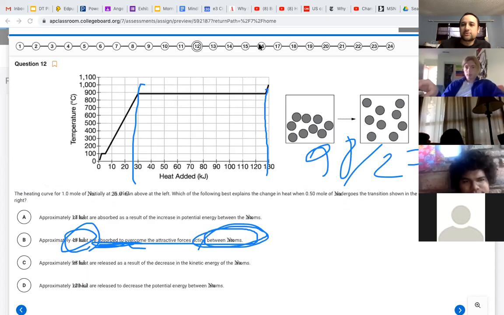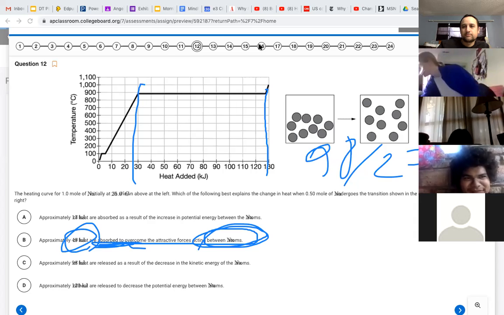So that's absolutely true. Okay, so B is correct. Any questions, scholars, about why B is correct? No? Okay.